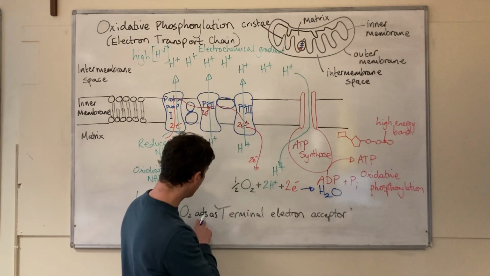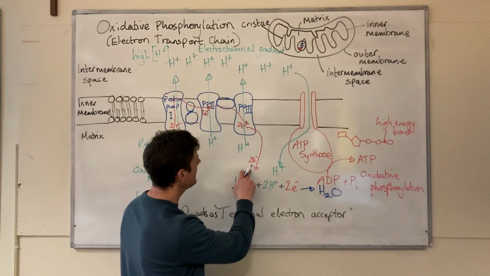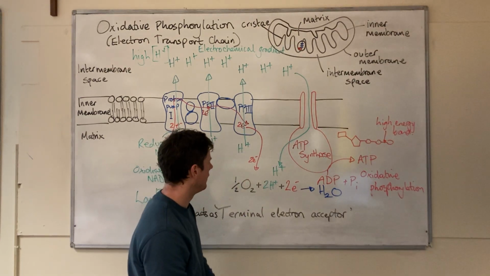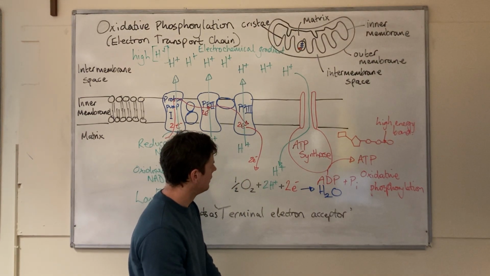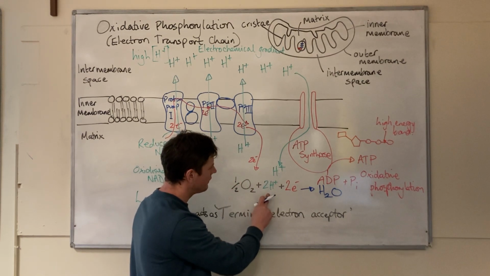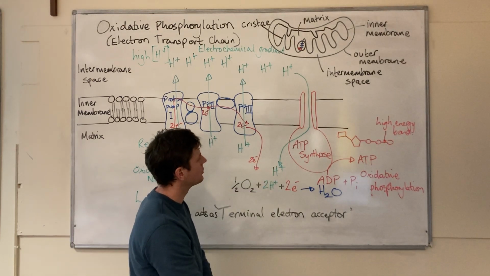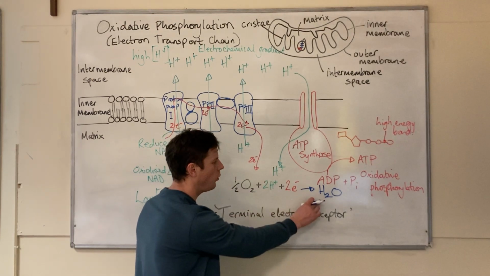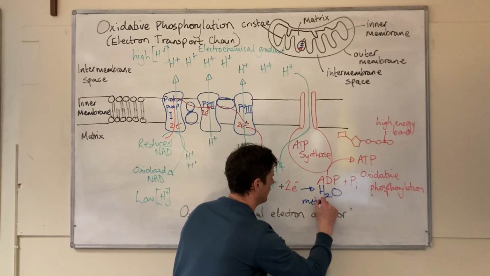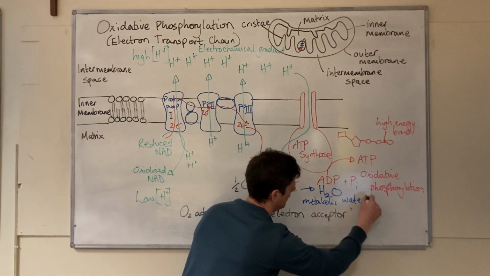So where we say that oxygen acts as the terminal electron acceptor, we mean it is accepting those electrons. So the oxygen is gaining the electrons, so it is reduced, with the addition of the protons as well that have moved down their proton gradient to form water, sometimes referred to as metabolic water.